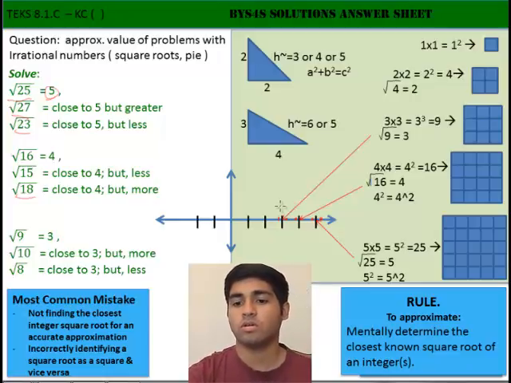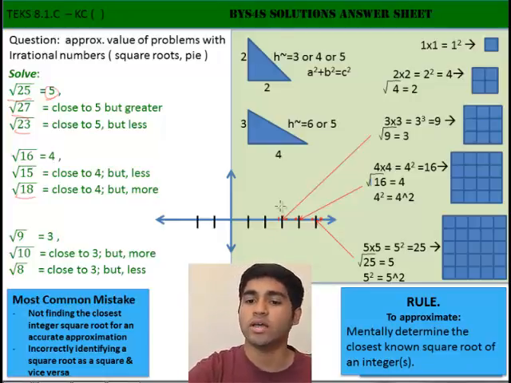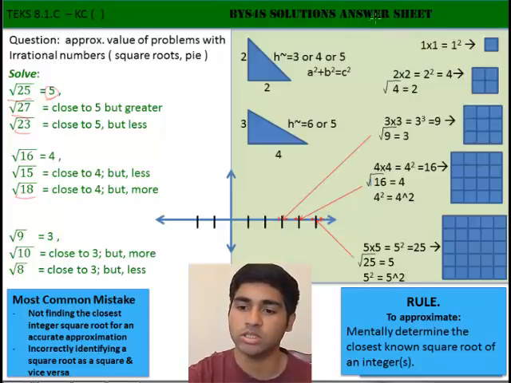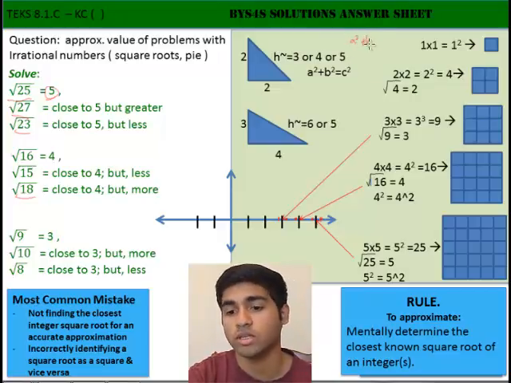Whenever you have a triangle, you know that to find the hypotenuse you can use the Pythagorean theorem, which is a squared plus b squared equals c squared, or in this case h squared.